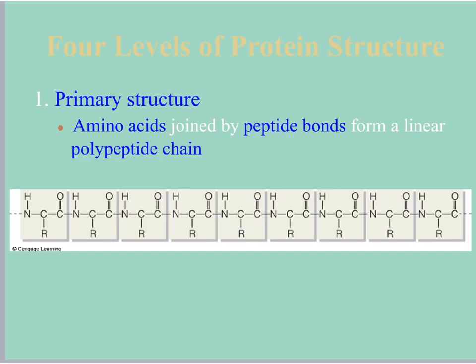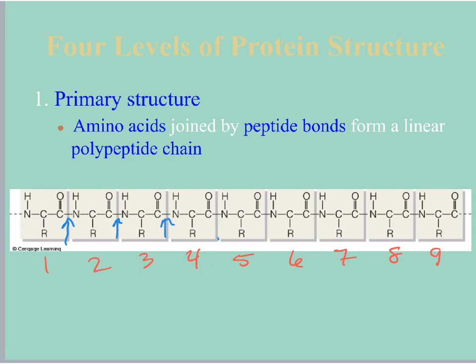If we look a little bit more closely, we see how complex the structure of proteins gets as we start adding amino acids and creating more peptide bonds. So each one of these is an individual amino acid. There are 9 here, and each one of those amino acids is held together by a peptide bond.